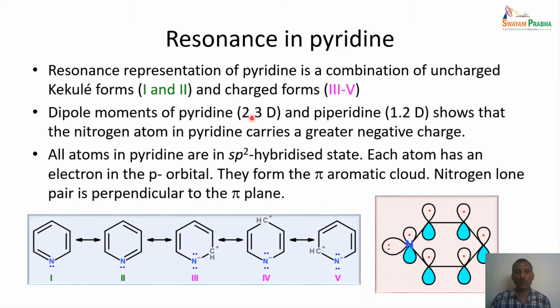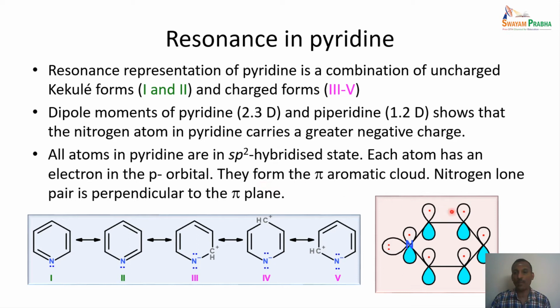The dipole moment of pyridine is 2.3 D and of piperidine is 1.2 D, which shows that the nitrogen atom in pyridine carries a greater negative charge compared to the fully reduced piperidine. All atoms in pyridine are in the sp2 hybridized state, and each atom has one electron in the p orbital.